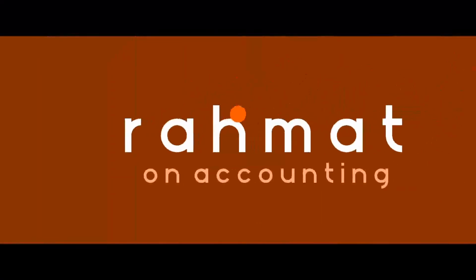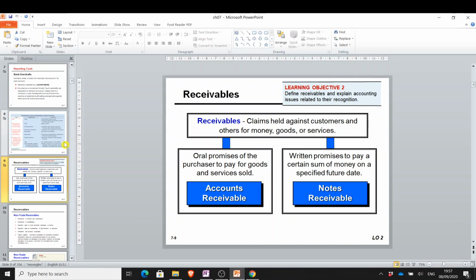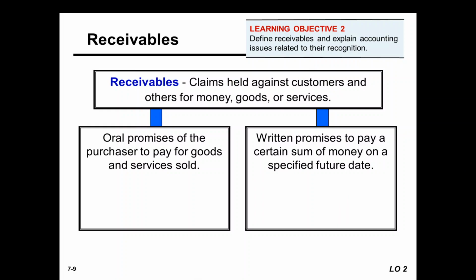We will discuss accounts receivable. Receivables are claims held against customers and others for money, goods, or services.